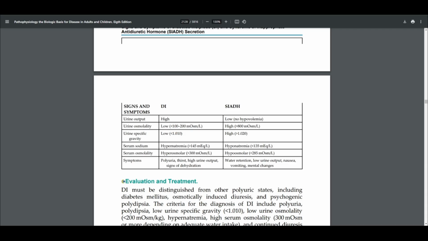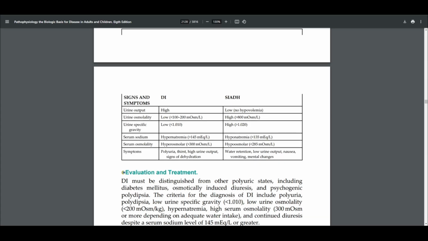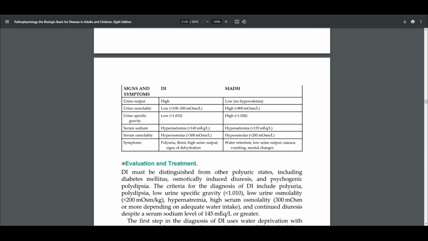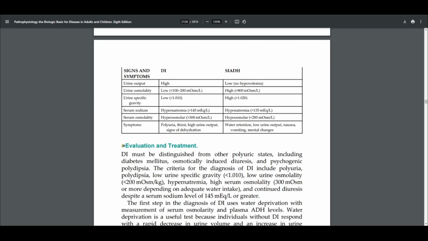The criteria for the diagnosis of DI include polyuria, polydipsia, low urine-specific gravity, so less than 1.010, low urine osmolality, so less than 200 mosm per kilogram, hypernatremia, high serum osmolality, or more depending on the adequate water intake, and continued diuresis despite the serum sodium level of 145 mEq or greater.